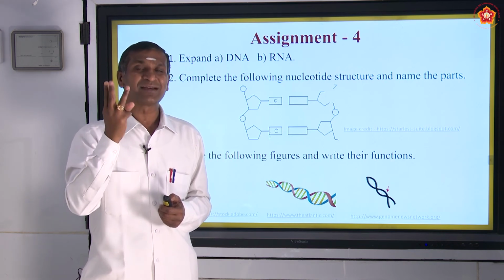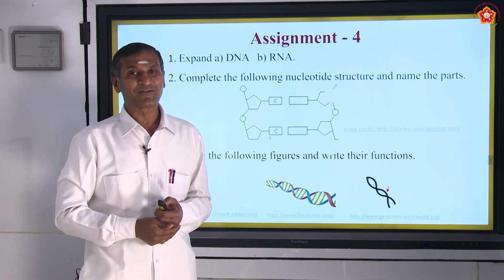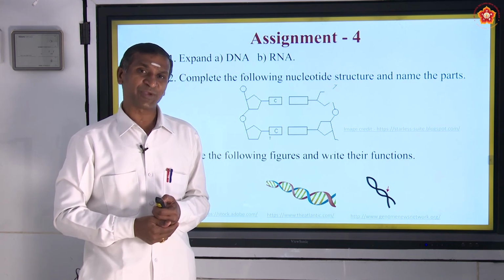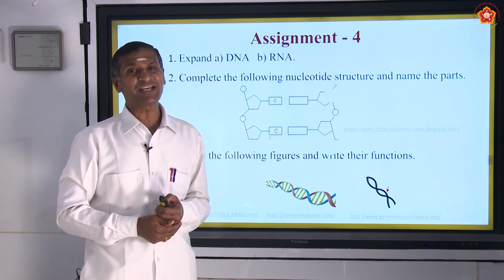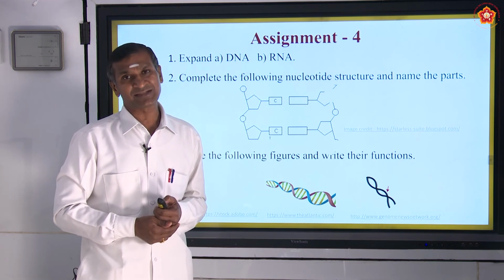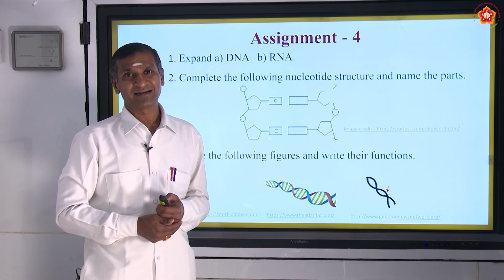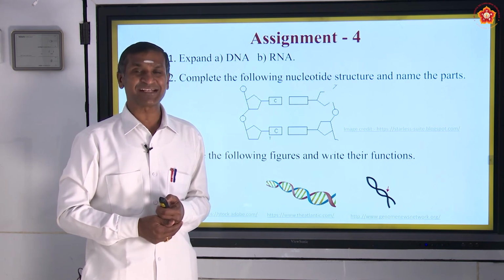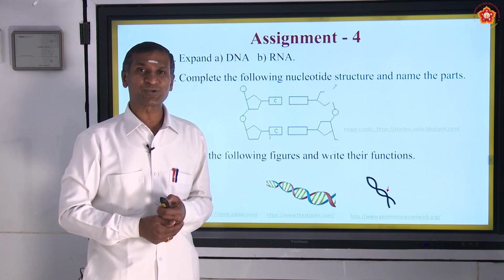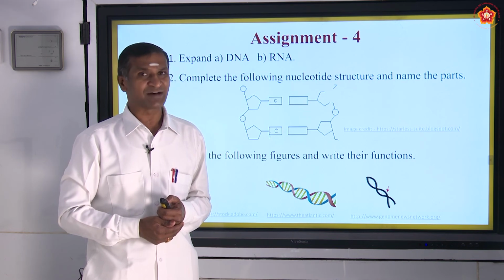The third is the phosphate group. Further, we continued with the genes, which are the functional units of DNA. They are the hereditary characters, and these characters are carried with the help of chromosomes from parents to the offsprings.